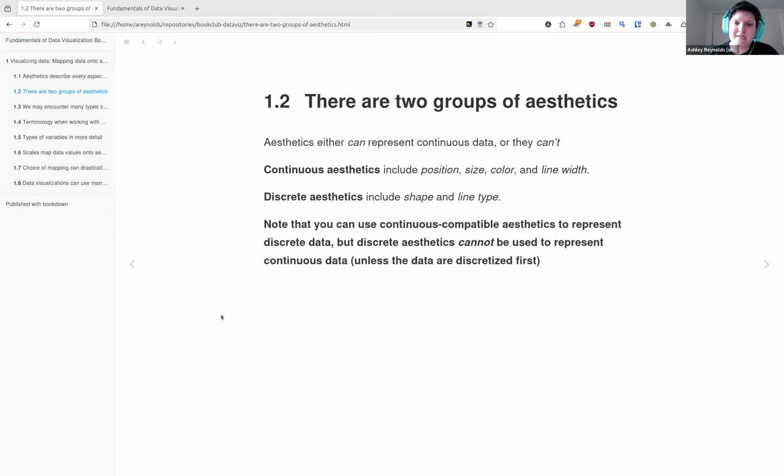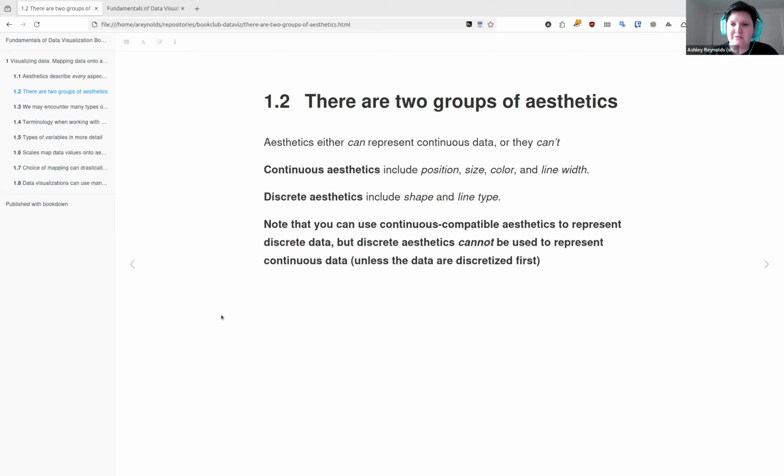One thing to note is that you can use continuous aesthetics to represent discrete data if you'd like, so you can have colors representing different categories, but discrete aesthetics cannot be used to represent continuous data unless you go through a process of discretizing the data first.